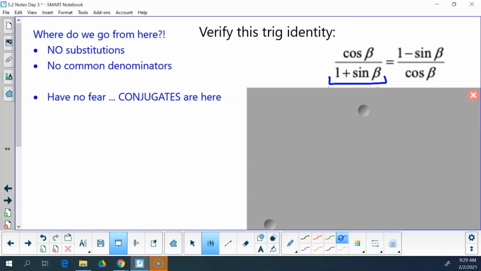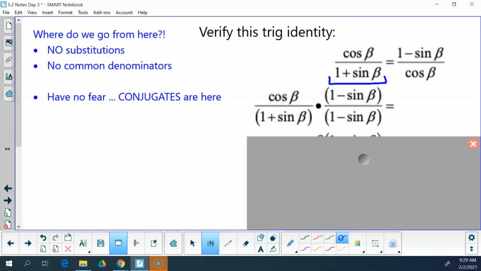If you see one term in the denominator, that's not very difficult. But if you see two separated by an addition or a subtraction, that's what we're going to focus on. And most importantly, you're going to conjugate it.